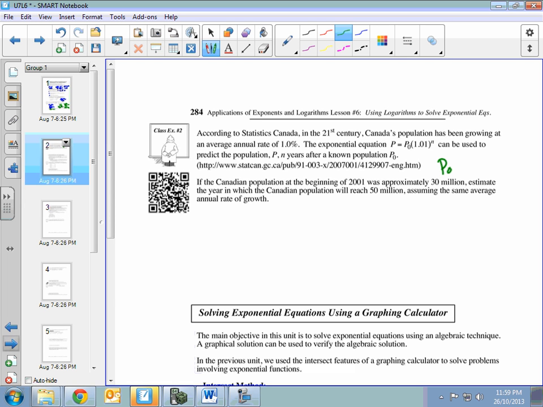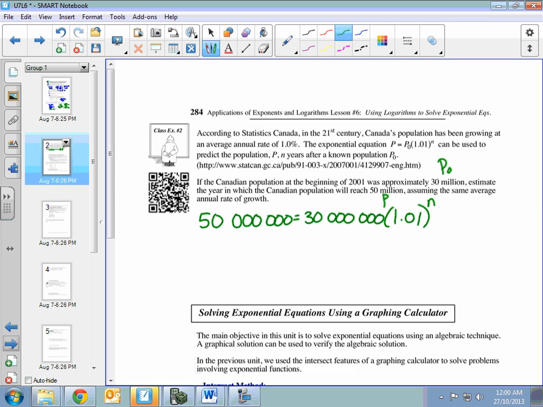If we're estimating when it'll be at 50 million, that'll be our P. So 50 with 6 zeros equals 30 million, 30 with 6 zeros, times 1.01 to the n.